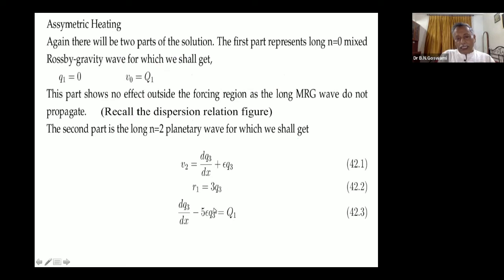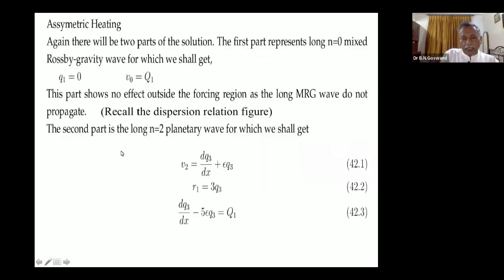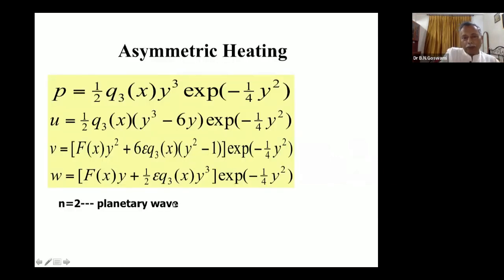Okay, so this is the equation we have to solve, and that will give me solutions for V. Having obtained U, V, and phi, these are of course a relationship that comes from the basic equation.